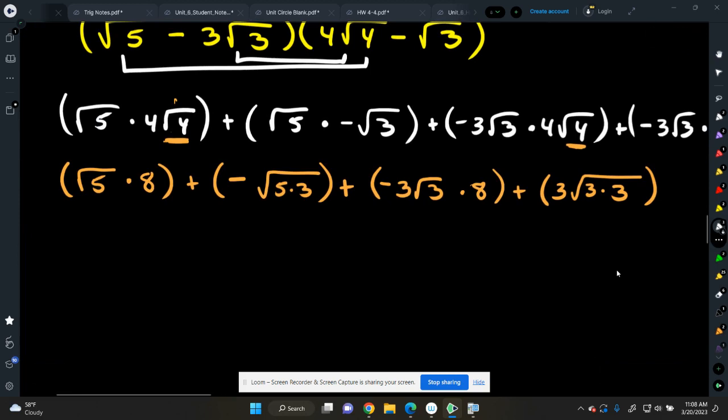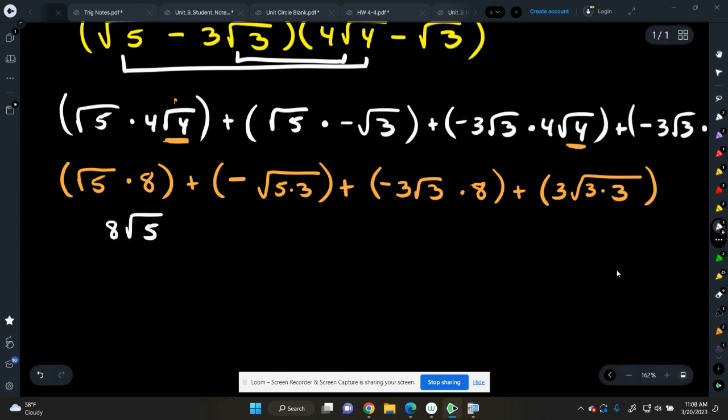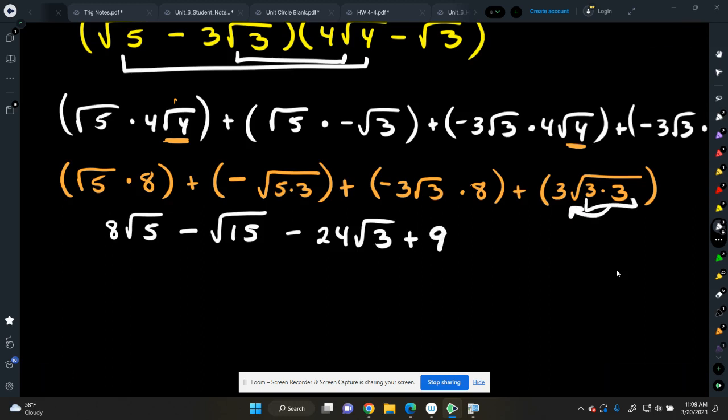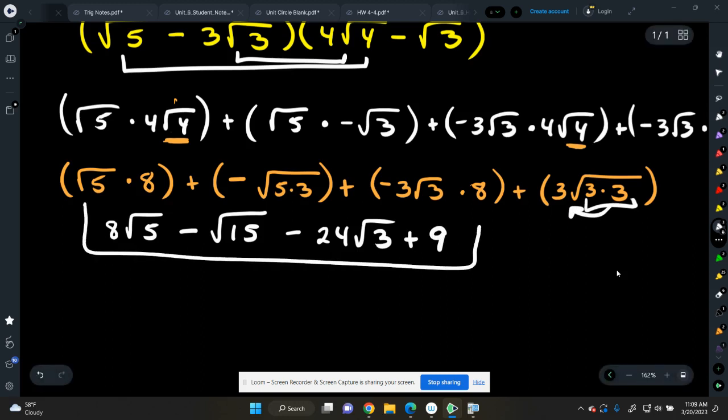So here we've got 8 root 5 minus, because it's plus negative, the square root of 15 minus negative 24 square root of 3 plus. Right, we're bringing these 3's out, so that becomes 9. And we cannot simplify anymore, so that is our answer.